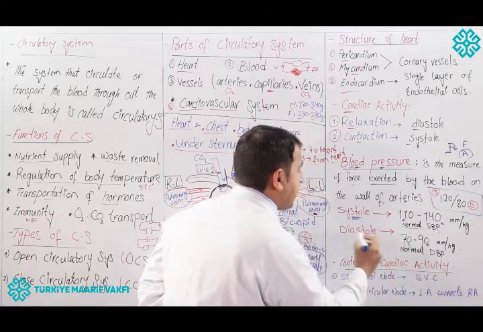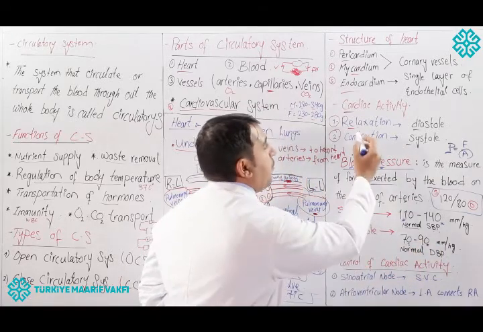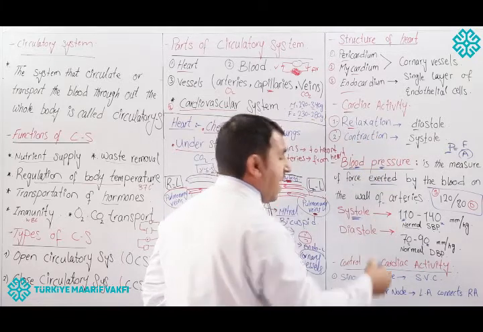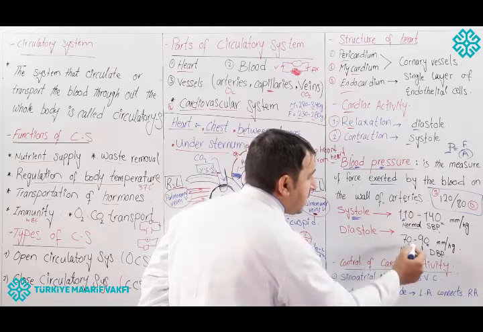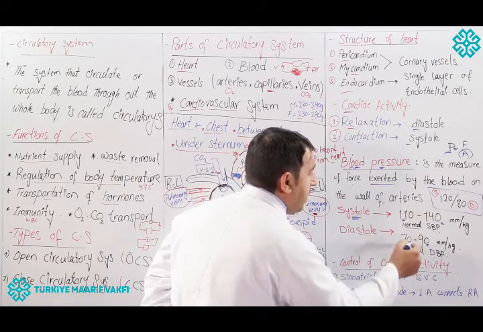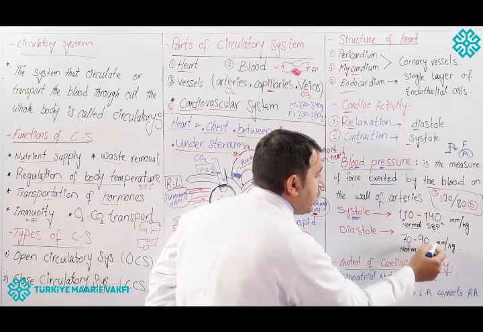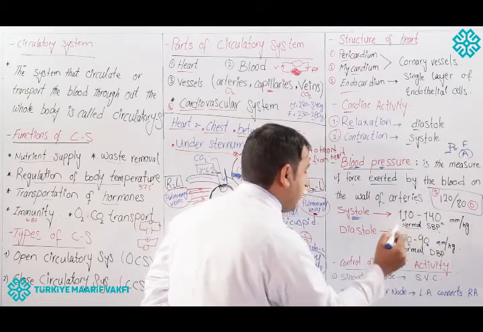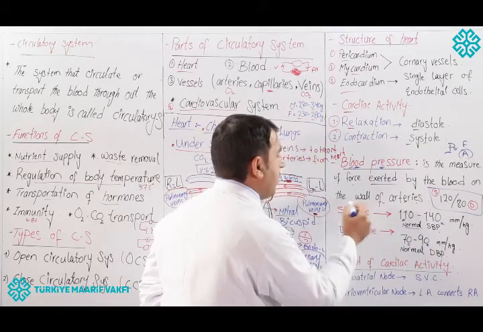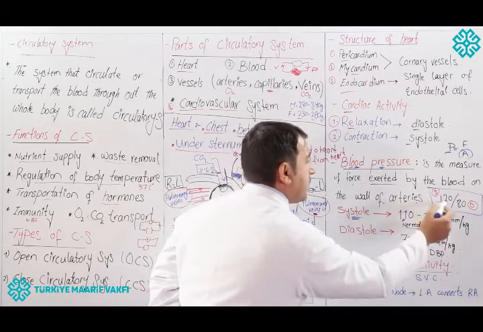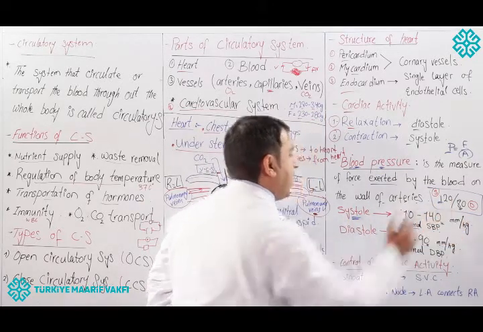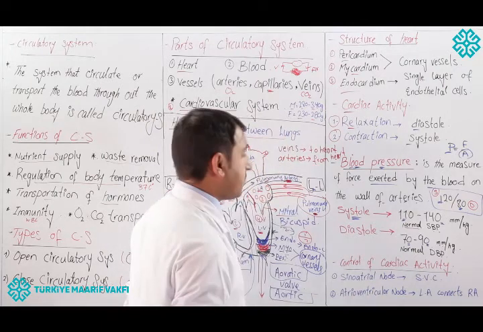We can say that when the ventricles are relaxed, they are filling with the blood, and the pressure of the blood must be from 70 to 90 millimeter of Hg. So we have two types of blood pressure in the heart. The first one is systolic pressure, and the second one is the diastolic pressure.